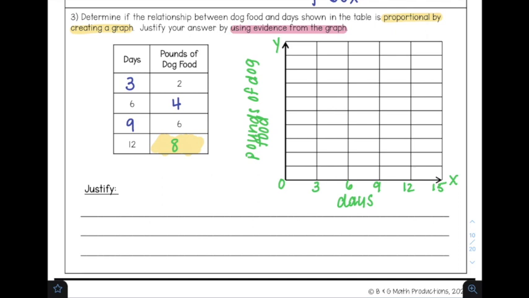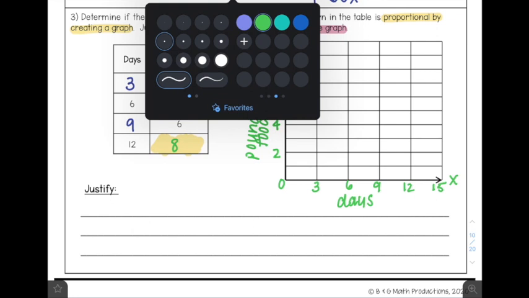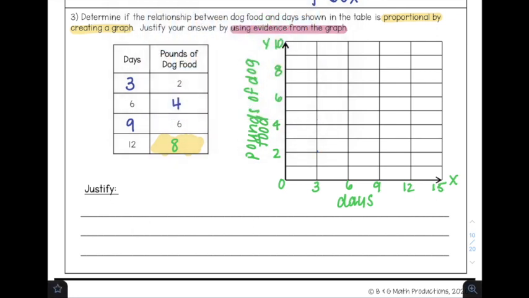And then for my pounds of dog food, I'm going to go up by 2s. So 2. All right, excellent. So I can get up to 10 pounds of dog food. I am going to plot my points and draw my line out.